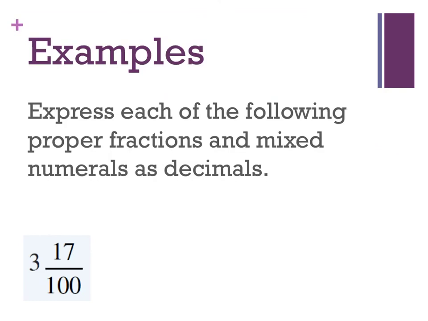So that must mean if I've got 3 and 17 over 100, I've got 3 wholes, or 3 units, and then I'll do my decimal point, and 17 hundredths. Now, if I do this, 0 point, it's not in the tenths, and then I go 1, 7, that's not right. That's saying I have 1 tenth and 7 hundredths.